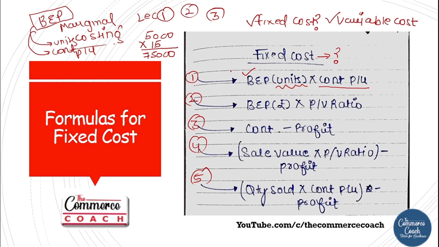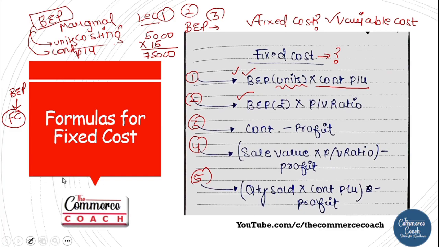The relationship between BEP and contribution I have already explained in the lecture in which I explained BEP and the formulas to find out BEP. There is a close relationship between BEP and fixed cost, because BEP is a situation where you are only able to recover your fixed cost.